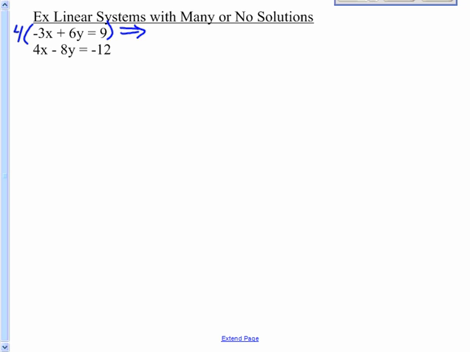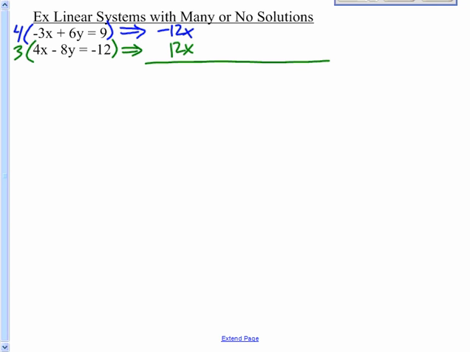And you notice I would have negative 12x. So I need the bottom one to become a positive 12x. So what do I multiply by? Well, it's already positive 4x, so I just need to multiply by a positive 3. And that'll give me a positive 12x. And then those things are going to cancel, aren't they?